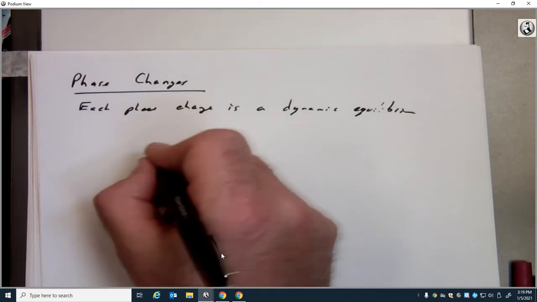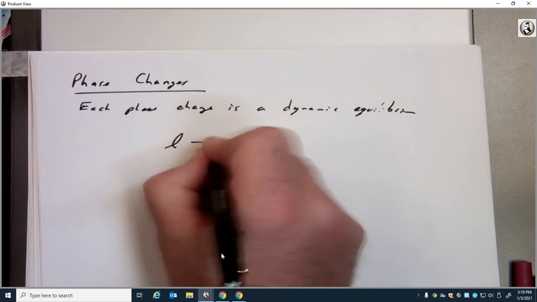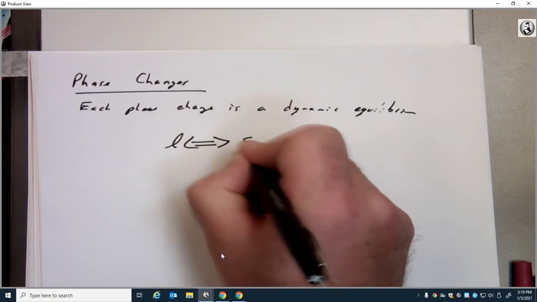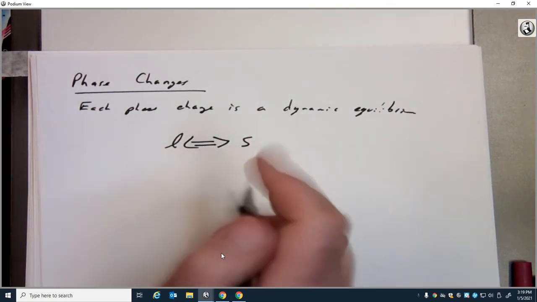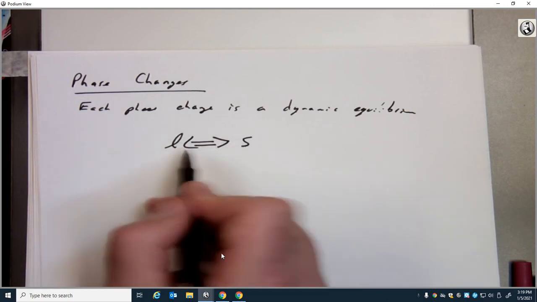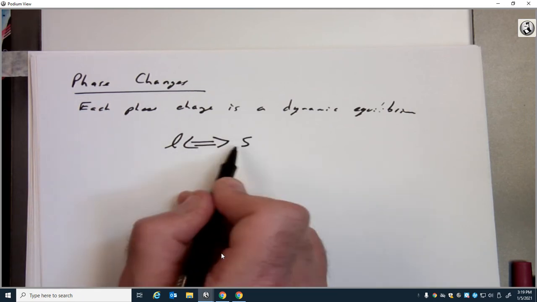So let's say that we have liquid going to solid, or solid going to liquid. This is going in both directions. So this is melting and freezing.